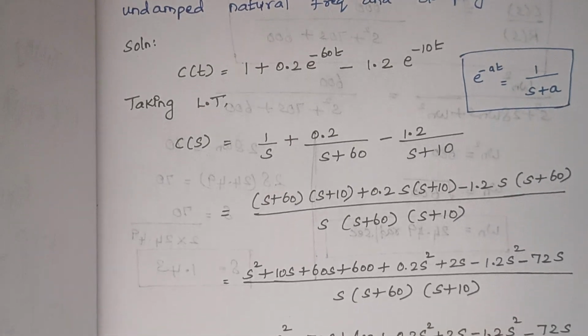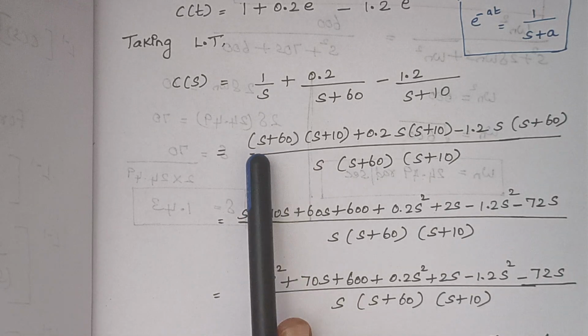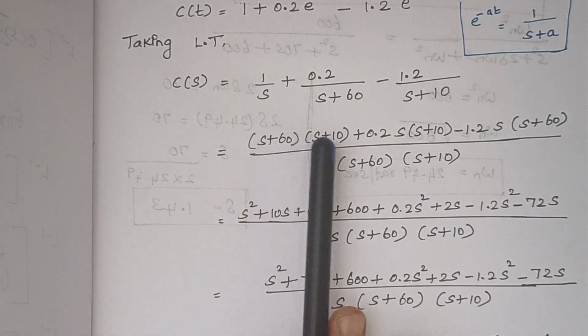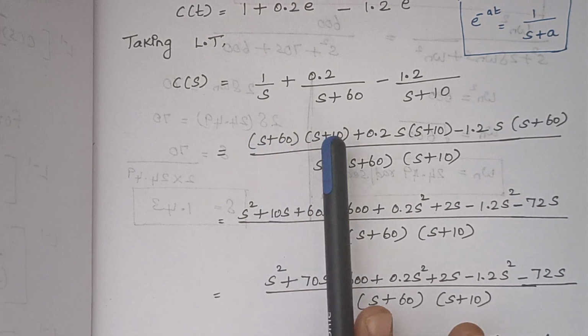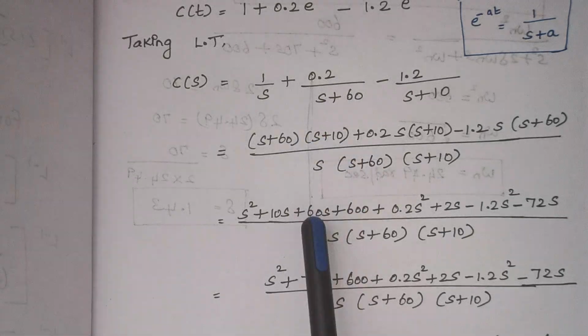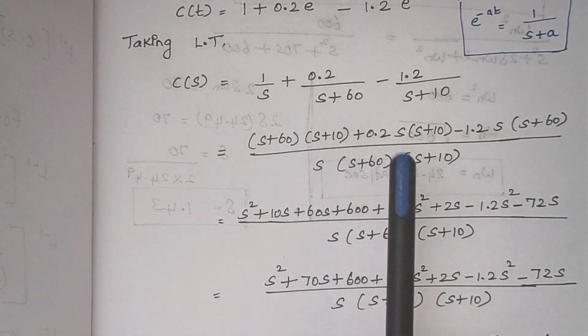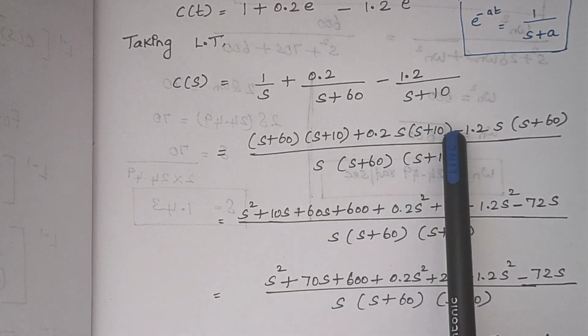Now we are going to multiply and simplify this expression. So here just consider these two terms initially. s into s becomes s square and s into 10 becomes 10s. And next 60 into s becomes 60s and 60 into 10 becomes 600, right? And next consider this second expression.